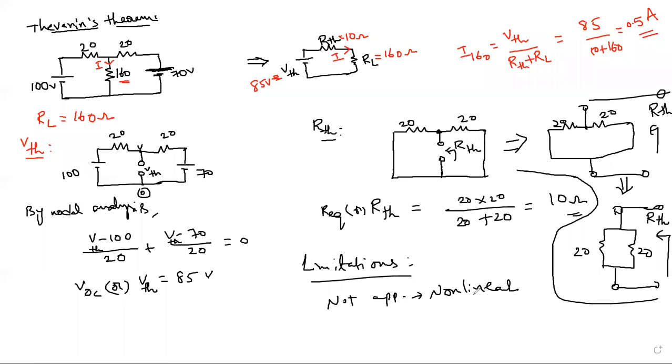In the statement we mention any linear bilateral network, so it will not be applicable for non-linear networks containing diodes, transistors. And wherever we have dependent sources, as opposed to independent sources, we cannot apply Thevenin's theorem, confined to series or parallel arrangement of dependent sources.